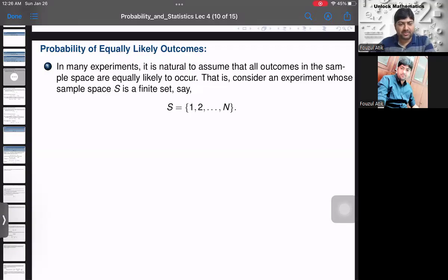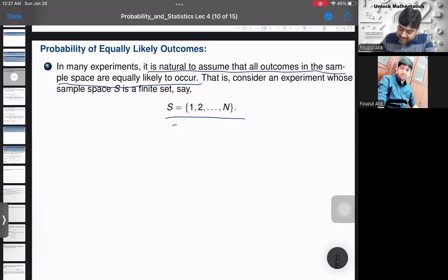So in many experiments, it is natural to assume that all outcomes in the sample space are equally likely to occur. That is, consider an experiment whose sample space is a finite set such that S equal to 1, 2, 3 up to n.